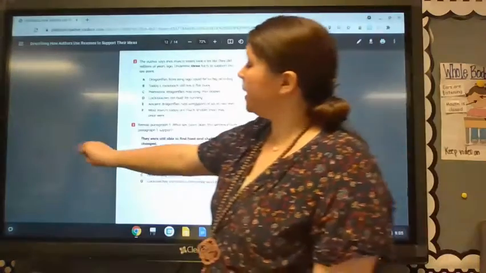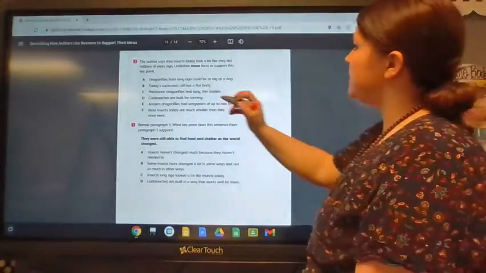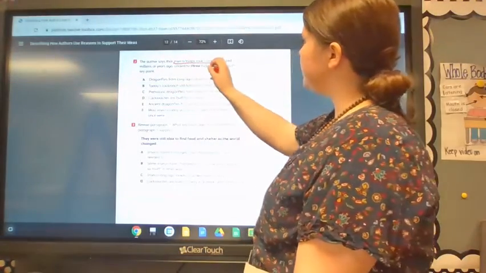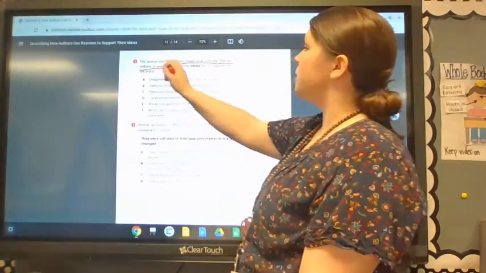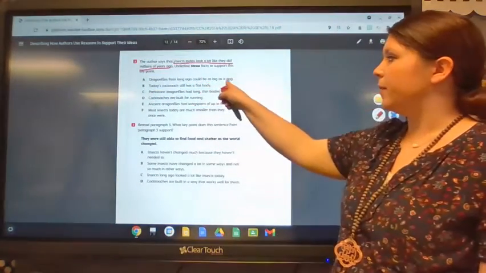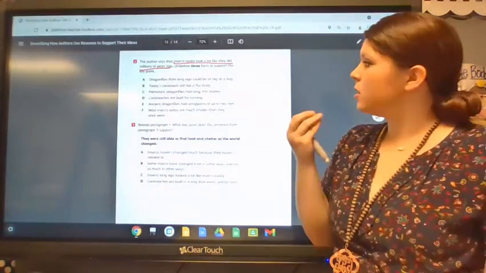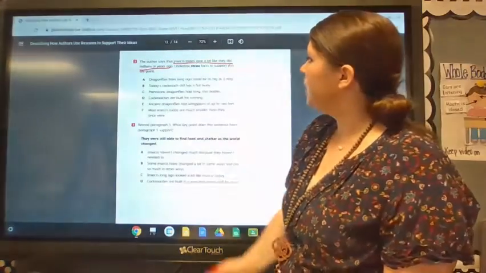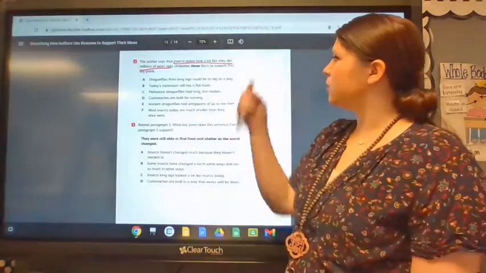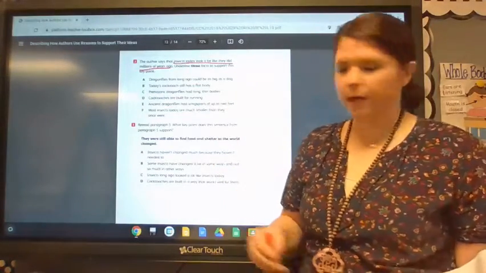So the key point here is that insects today look a lot like they did millions of years ago. A, dragonflies from long ago could be as big as dogs. That is true, but that's not really telling me what they looked like, okay? It is, but let's see if there's a better detail here.